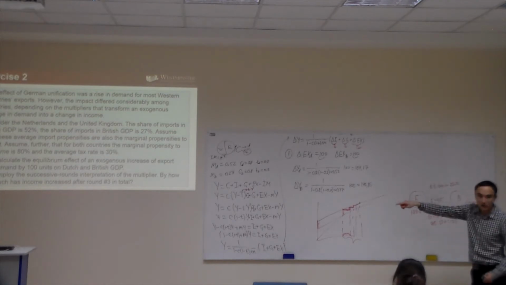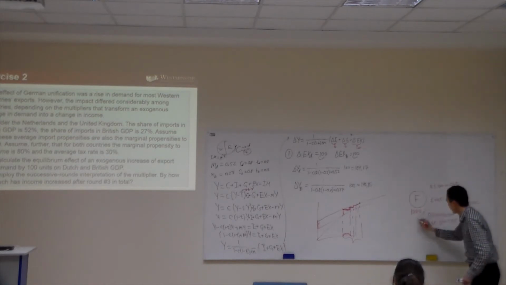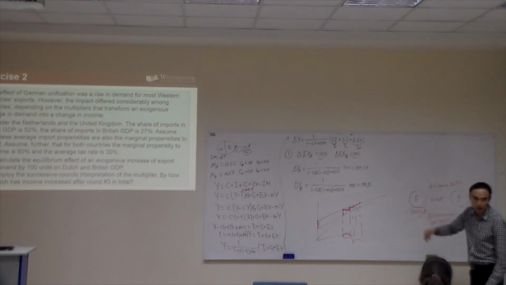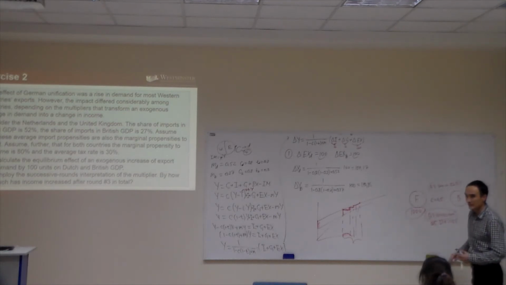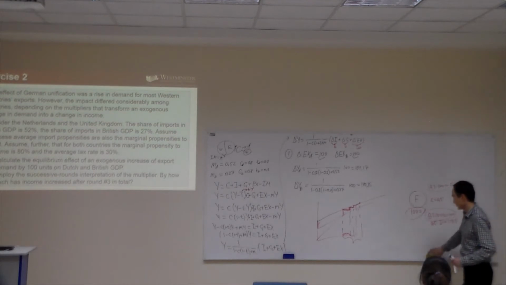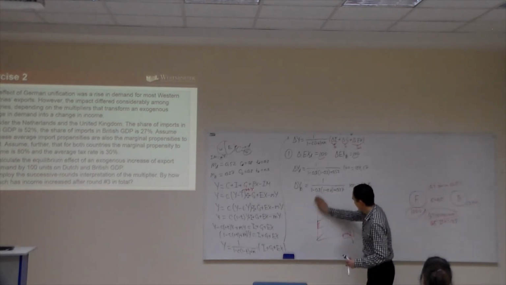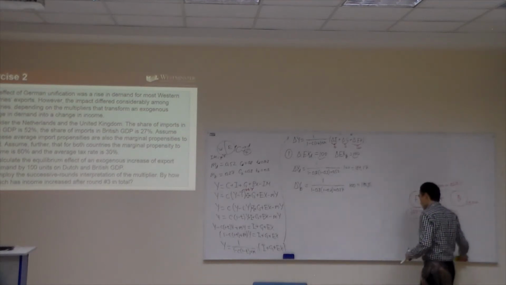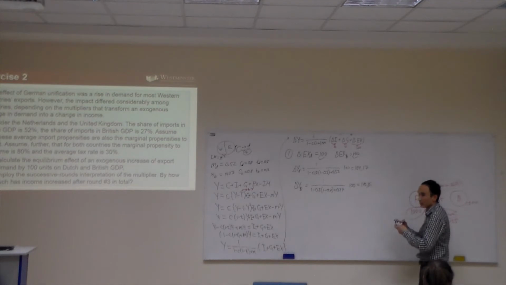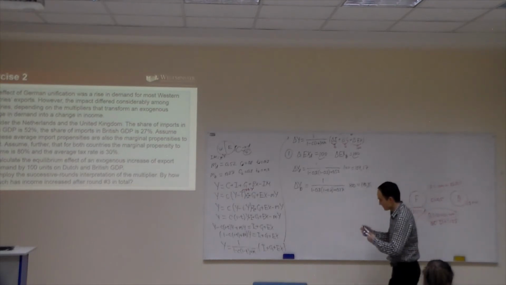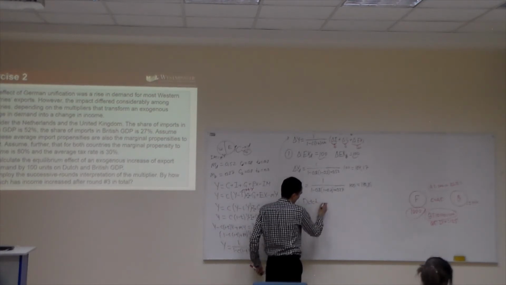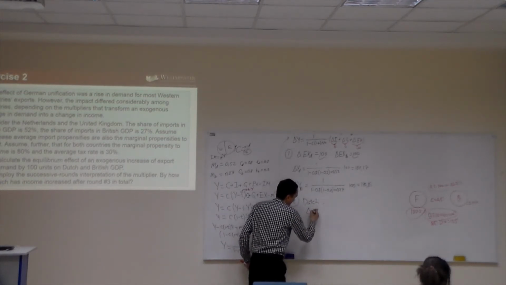So here, what we are asked to do is find the first round, second round, and third round for these two economies. Let's find it first for the Dutch economy.